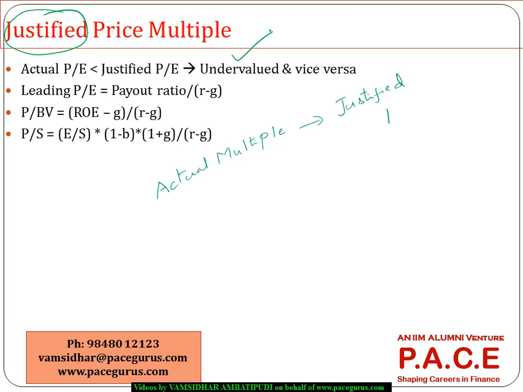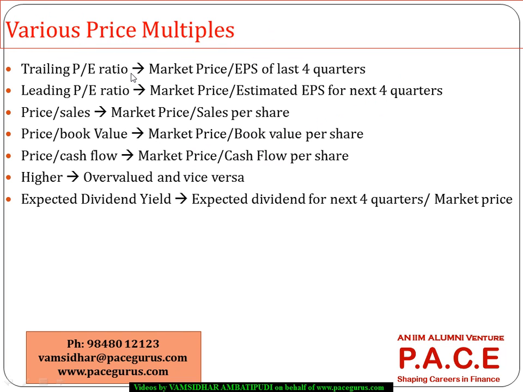Now, how do I get the justified values using the fundamentals itself? Okay, let's look at the most common multiples first. I'll come back to this otherwise. The most common multiple is the P by E ratio, which is price to earnings.